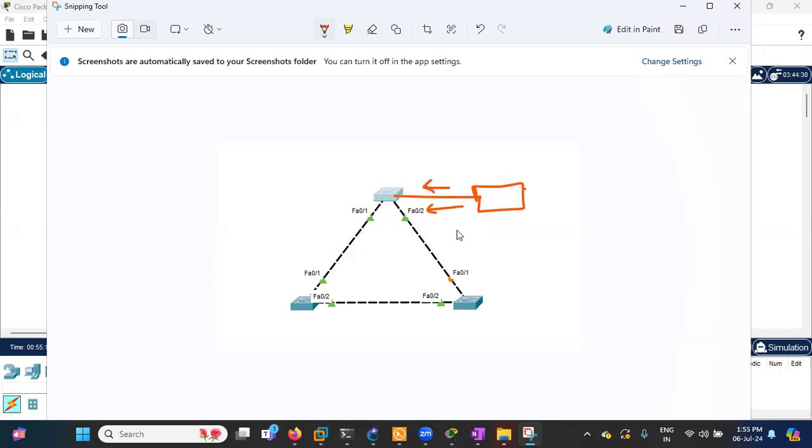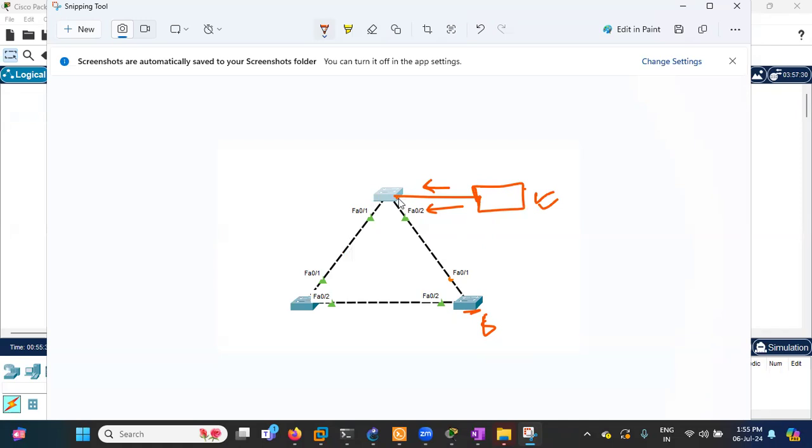Initially, each and every switch will assume that I'm winning the election. Only the added one. Every 2 seconds, the added one starts communicating and generating BPDUs to switch one, right?